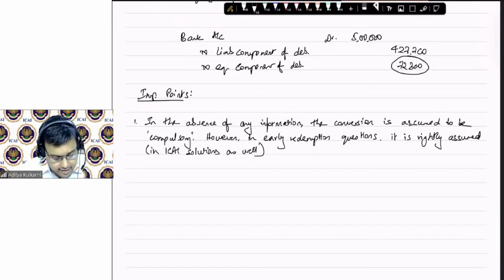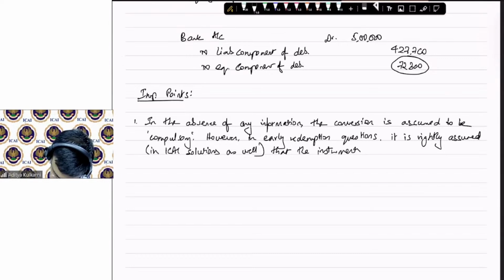It is rightly assumed that the instruments are optionally convertible at holder's option.